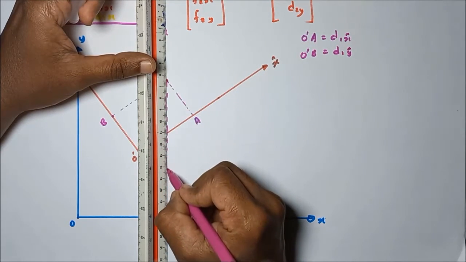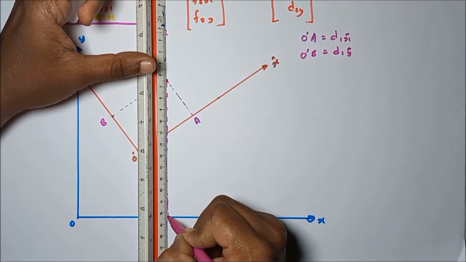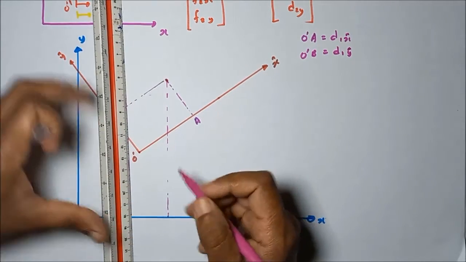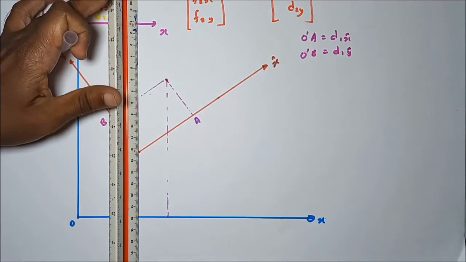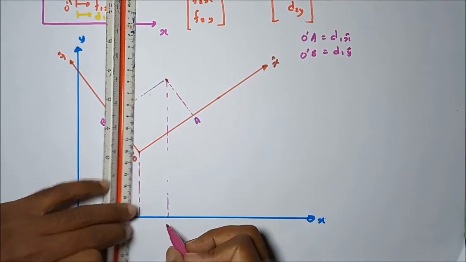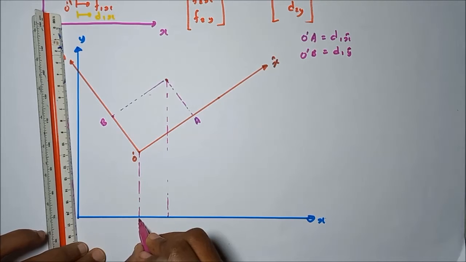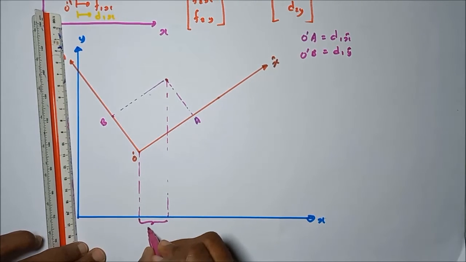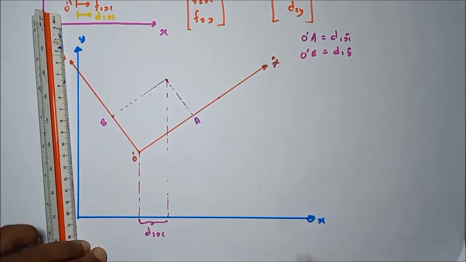Similarly we can mark it on the global coordinate system. After displacing the point to this kind of position, initially it was in this position. So this displacement is equal to d1x, the displacement in the x direction according to the global coordinate direction.